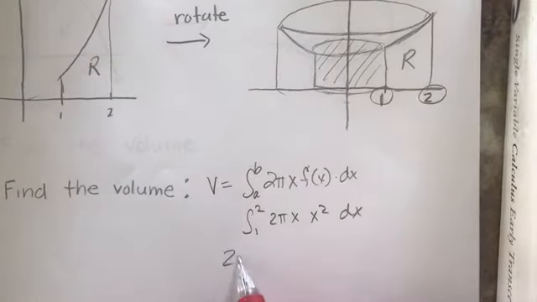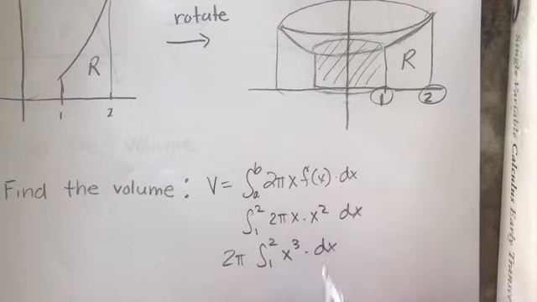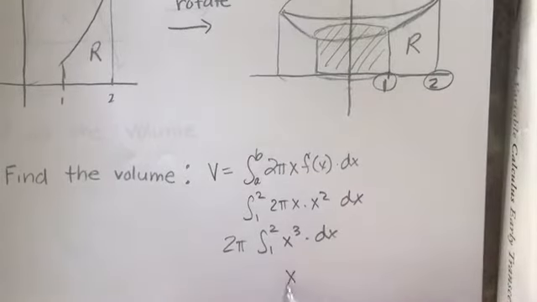All right, let's pull the 2 pi out front, and let's go ahead and multiply our x and x squared. Now when we integrate x to the third, we get 1/4 x to the fourth.